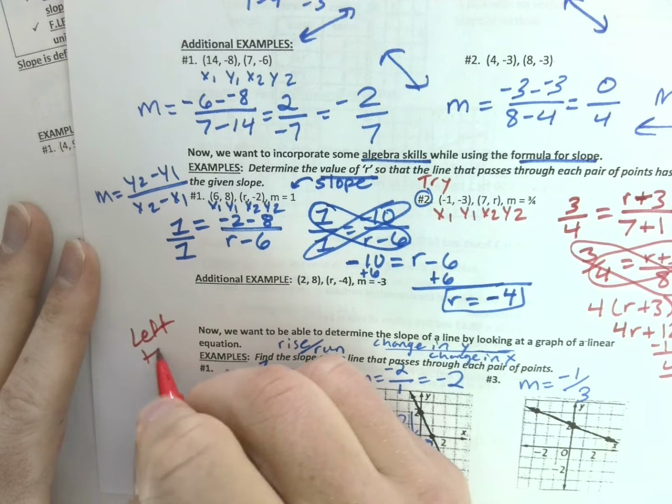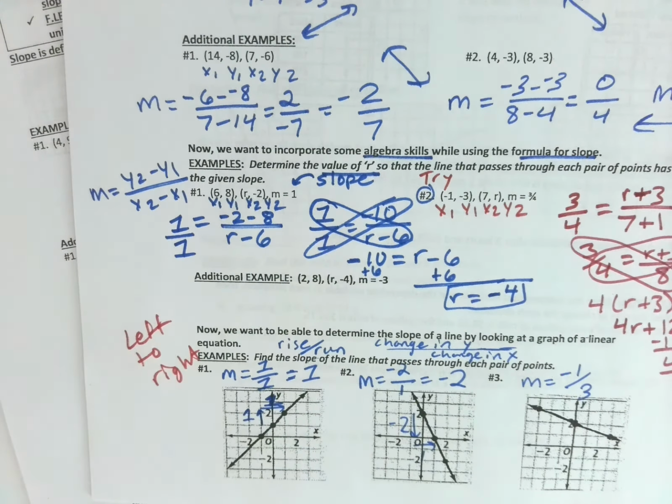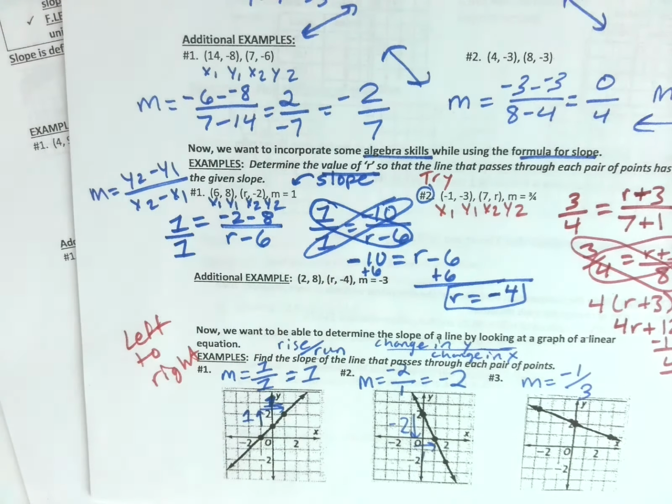We go left to right. So you will start with a point on the left, and you'll go to a point on the right. Is it run over rise, or is it rise over run? Rise over run. So in other words, we have to either go up or down before we go left or right.